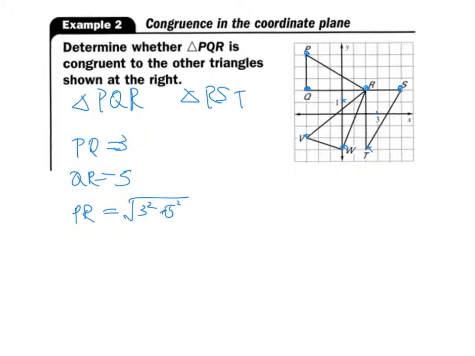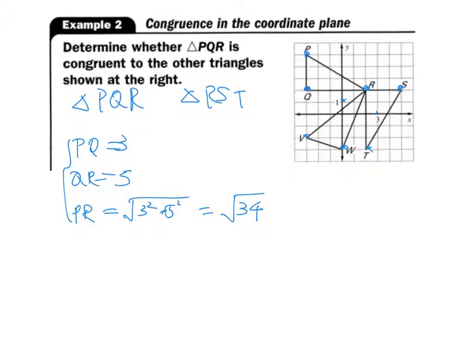So that's 9 plus 25. That will give me 34. So the square root of 34. Let me perfect my chicken scratch a little so that we can actually read it. There we go. So I've got the length of 3 sides here.